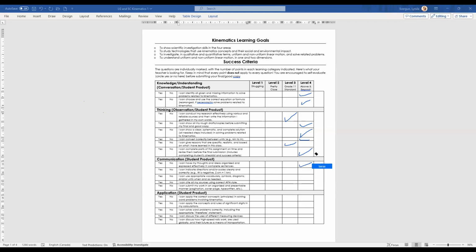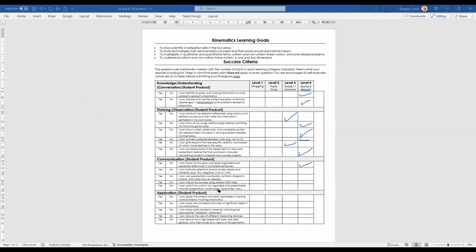Basically whenever you answer, it should be logical and in proper format. And cite sources using APA style. If you're using some source to do research, you just need to put where it is taken from and the name. You can submit your work in an organized manner.